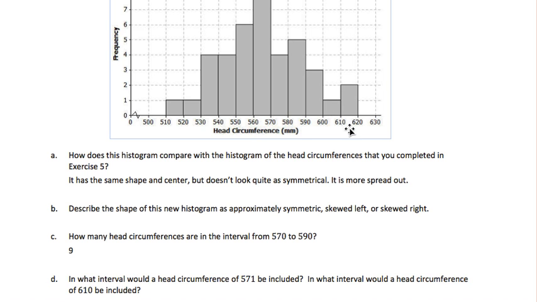So 610 would be included in the next interval, since 600 up to but not including 610 would be the interval before it.